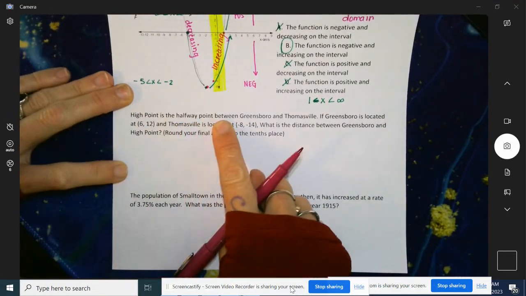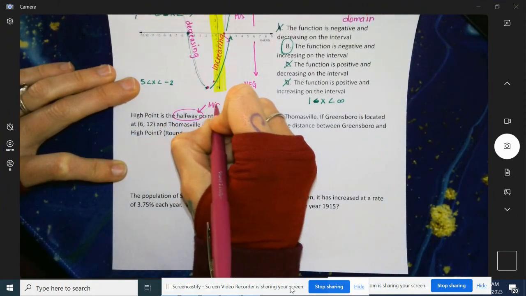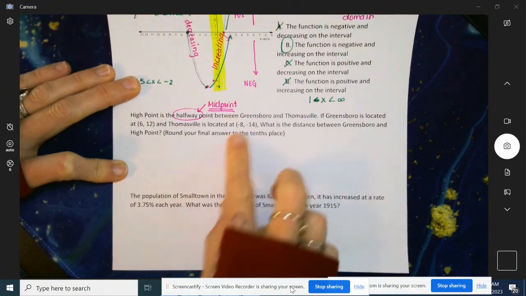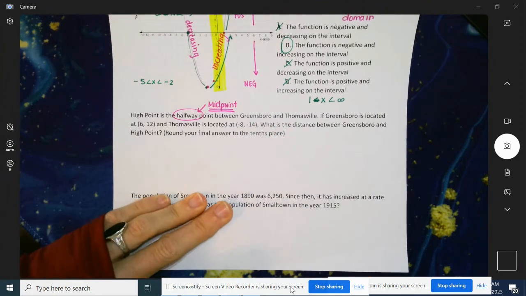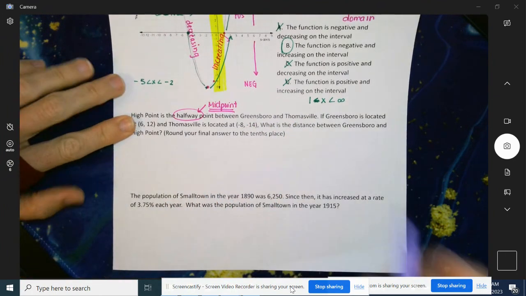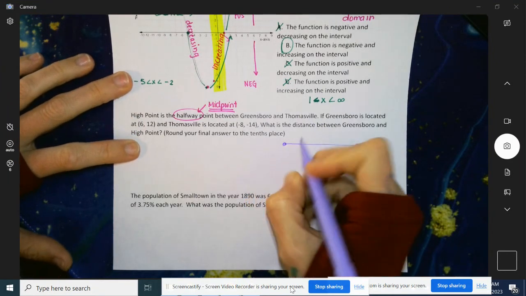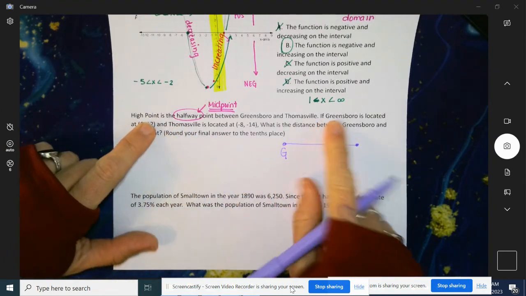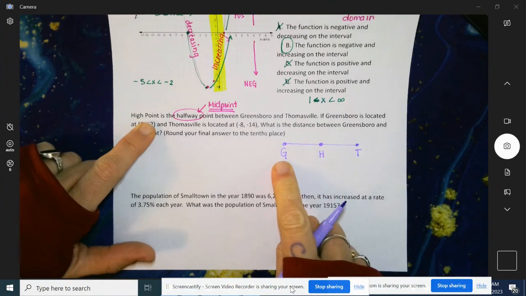High point is halfway between. As soon as you see the word halfway, your brain thinks midpoint for math class. You could say the North Pole and Antarctica, it doesn't matter. That's irrelevant. So High Point is the midpoint of Greensboro and Thomasville.